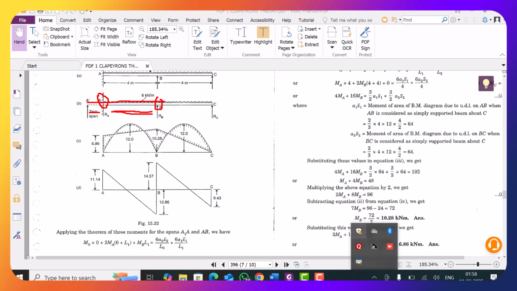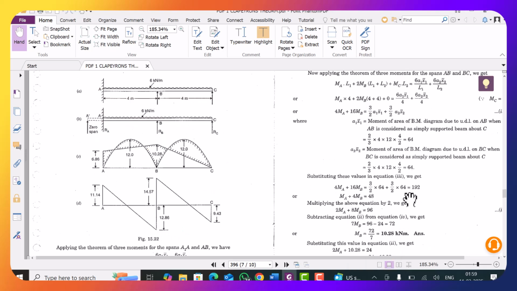A0 stands for the area under the bending moment diagram. Please refer to my previous numerical first and then listen to this video, you will understand in a better manner. Then x0 bar is the distance of the centroid. This is for this span, and this 6 A1 x1 bar by L1 is for span ABC.